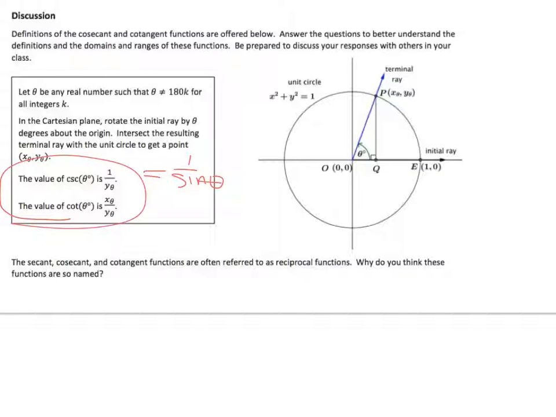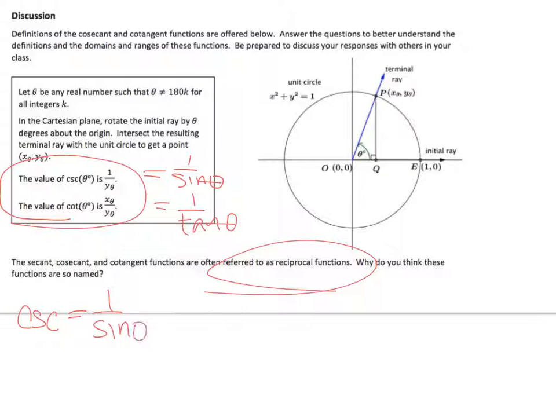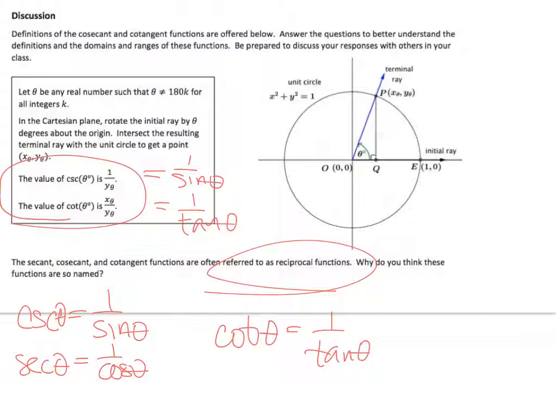And cotangent is x over y, which is equal to 1 over tangent theta. The secant, cosecant, and cotangent functions are often referred to as reciprocal functions because we flip them over. Cosecant is 1 over sine, so it's the reciprocal. Secant theta is 1 over cosine theta, the reciprocal. And cotangent theta is 1 over tangent theta, which is the reciprocal.